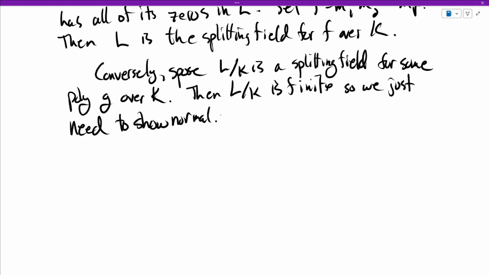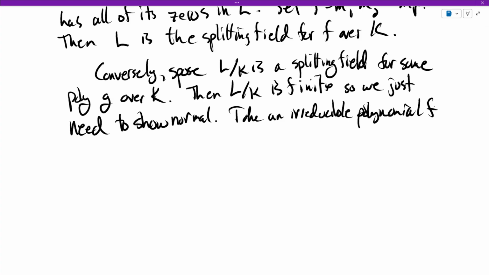So how do we do that? Well, let's take an irreducible polynomial f over K with one zero in L. We then need to show it splits.